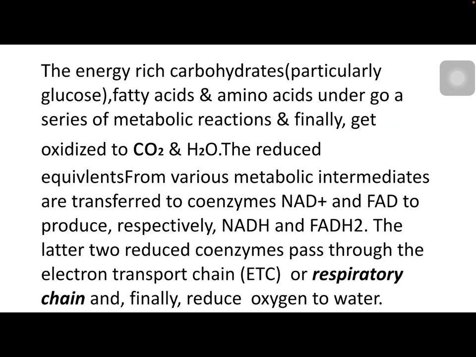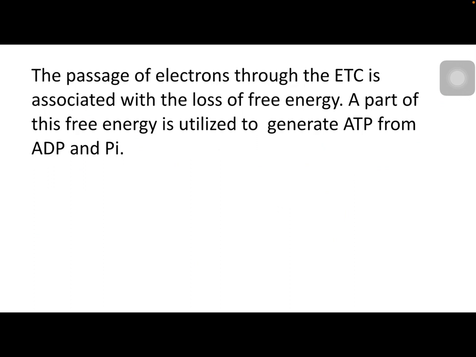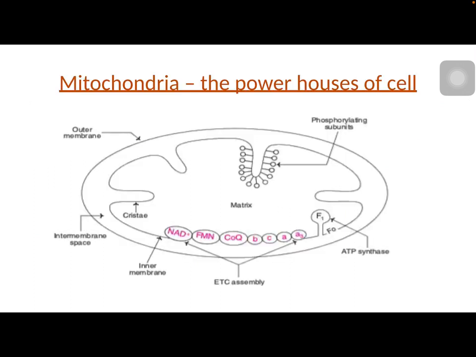That means they get reduced. These reduced coenzymes pass through the electron transport chain or respiratory chain and finally reduce oxygen to water. The passage of electrons through the ETC is associated with the loss of free energy. A part of this free energy is utilized to generate ATP from ADP and inorganic phosphate.